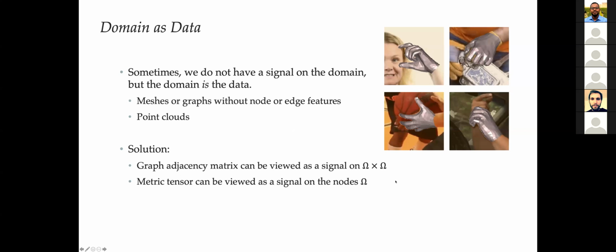You can think of that as a signal on omega times omega, the space of pairs of nodes in your graph. If you have a manifold or a mesh, you can use something called the metric tensor, an intrinsic quantity associated with the mesh. You can view that as a signal. So there are ways to turn the domain into a signal on the domain in some cases.